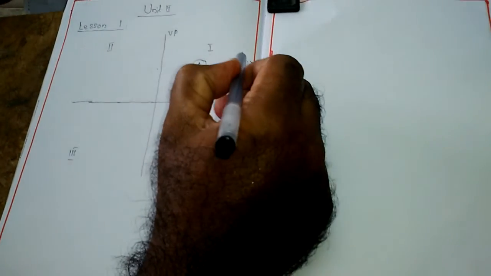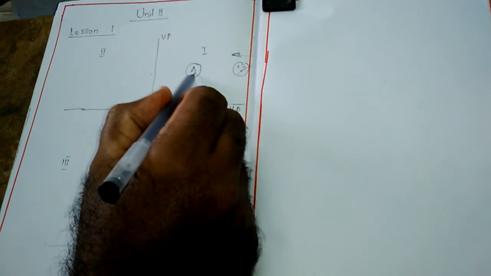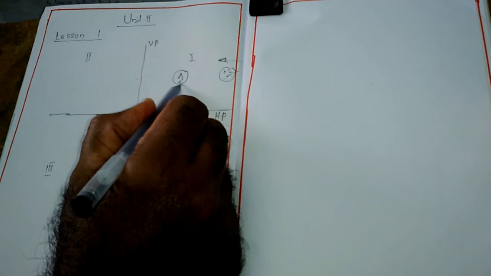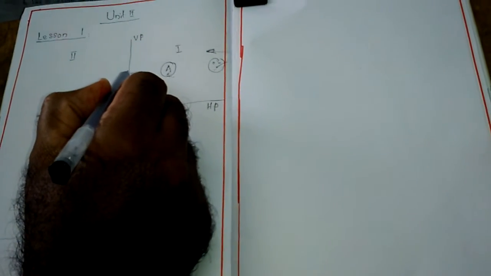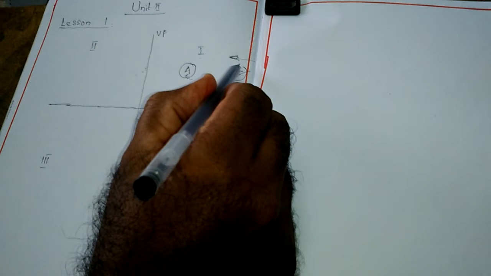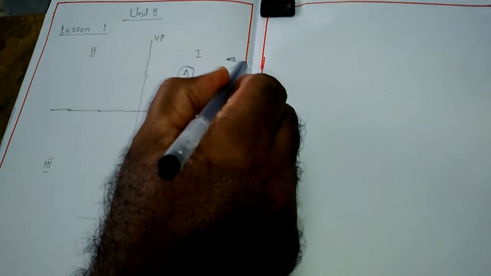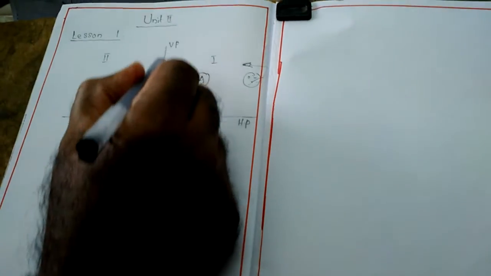So here once you are looking in this direction, this object's shadow, which is the projection, lies upon the vertical plane. This is called the front view. Once the observer views this object in this forward direction, automatically this image or shadow lies upon the vertical plane.